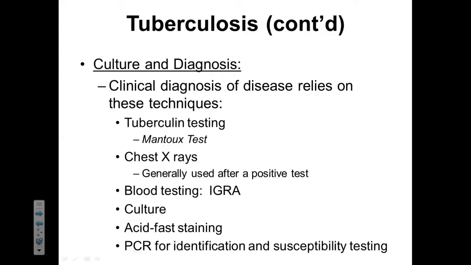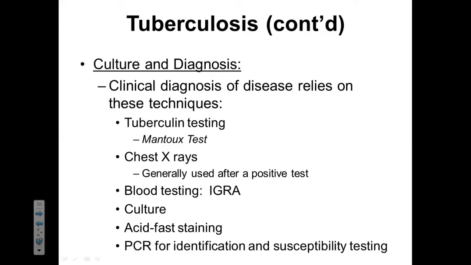Clinical diagnosis of TB relies on several primary techniques. The Mantoux or tuberculin test is the most common one. This is a test that errs on the side of giving false positives. If we get a positive with the tuberculin testing, we'll then follow up with a chest x-ray.